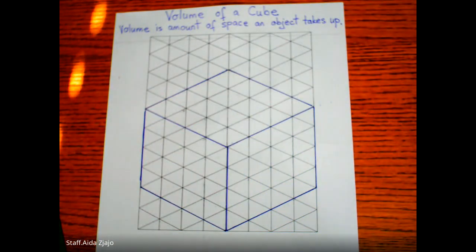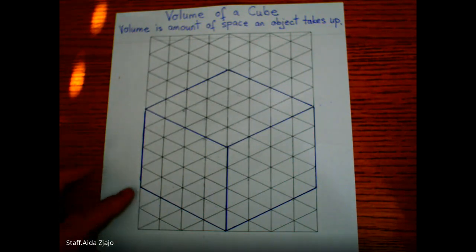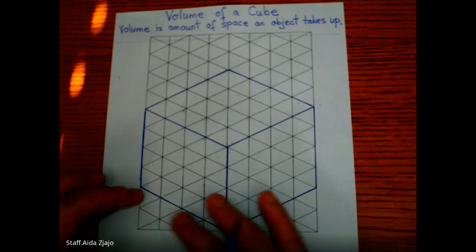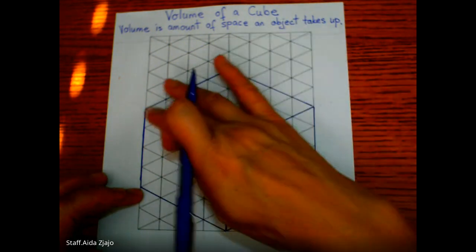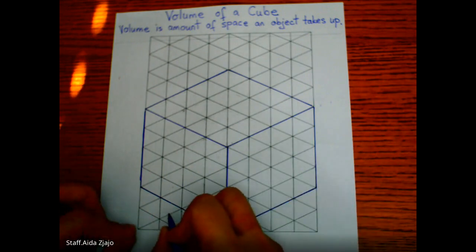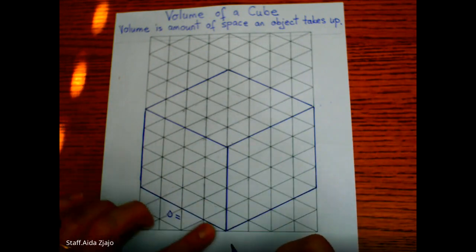So here it is, a 3D shape called a cube. We can see that in a cube all the sides are the same length. So we call them, for example, S. S equals 1, 2, 3, 4 units.